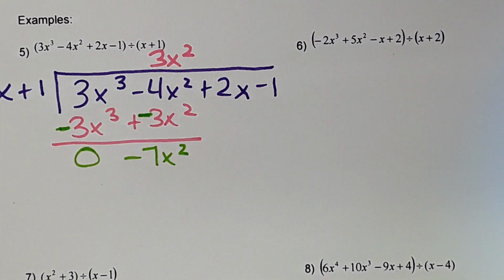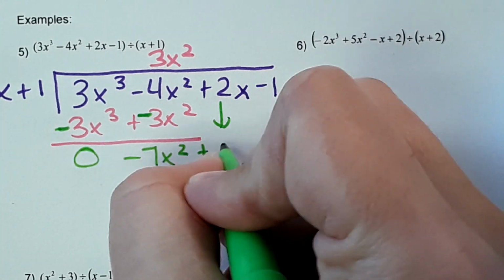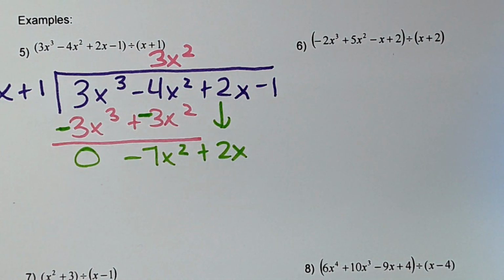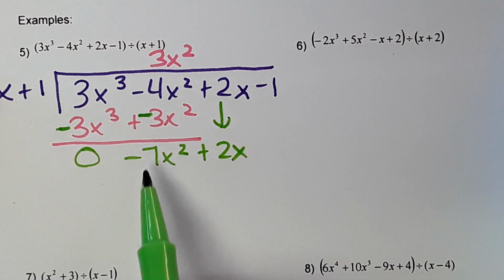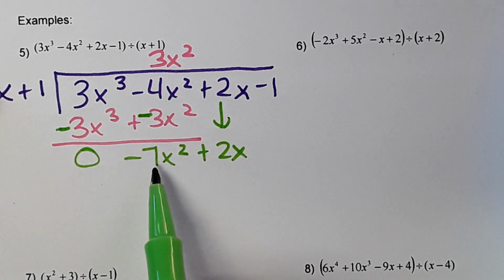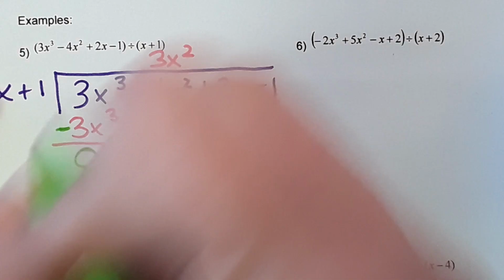Okay, then bring down the next term. And then we need a number we can multiply x by that would get negative 7x squared, so that would be negative 7x.